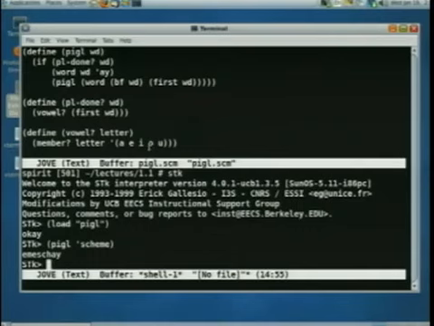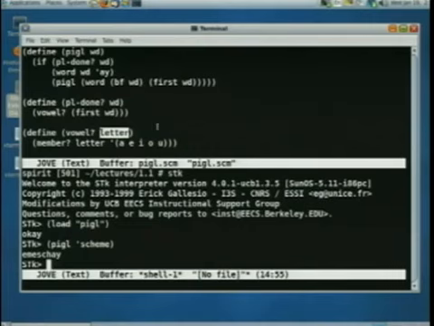Okay? Yes? Why did you write letter as the second helper function? Oh, why did I use letter as the argument? I used letter here because I used it here. Letter is the formal parameter to procedure vowel question mark.